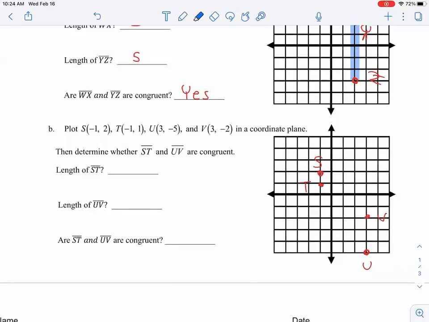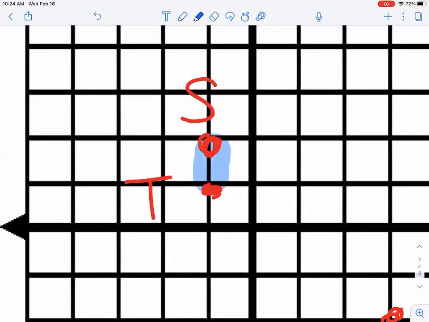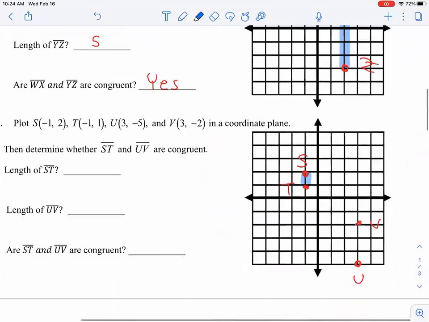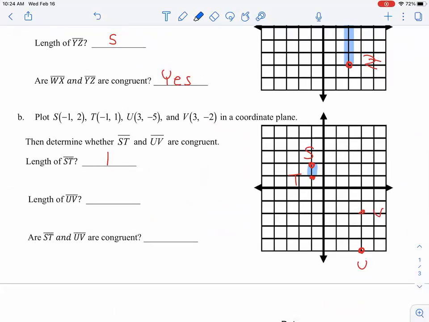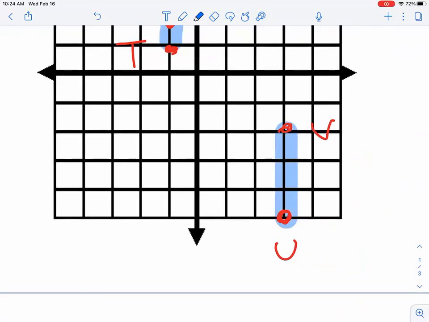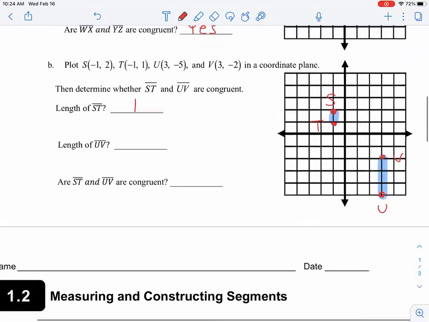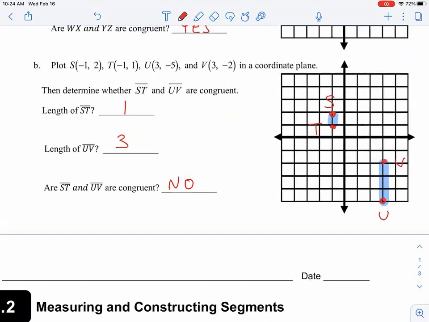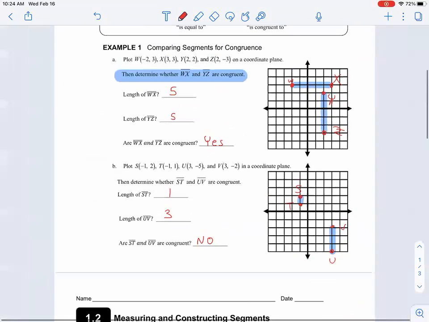To find the length of segment ST, again, we're not counting the corners, we're counting the space in between them. From S to T, that's just a length of 1. And from U to V, it's a length of 3. Are those congruent? Well, no, they're not the same measure. Congruency means they have the same measure.